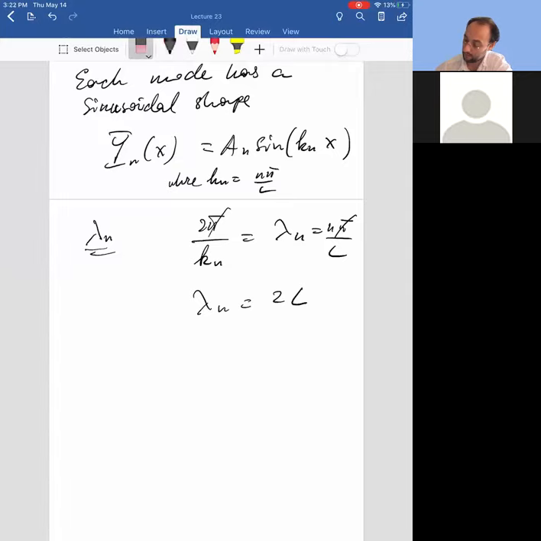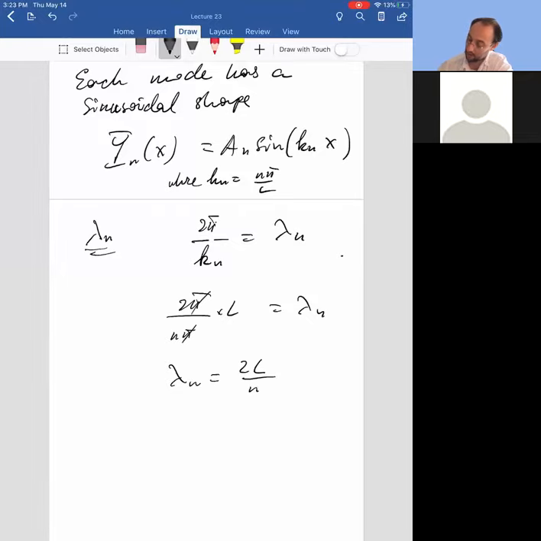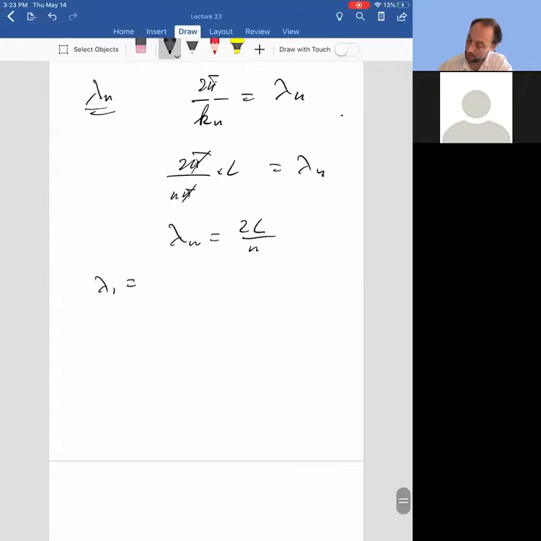Let's just plug in our k sub n's, 2 pi over n pi over L equals lambda sub n. So lambda sub n equals 2L over n. So you have lambda 1 equals 2L, lambda 2 equals L, lambda 3 equals 2/3 L, and so on. Exactly as we've already seen just from basic visual analysis.